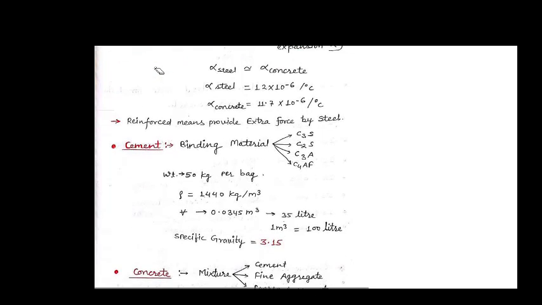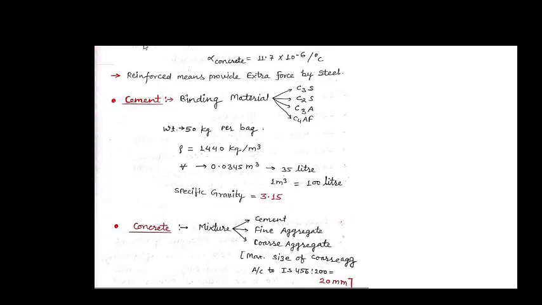Okay, so the basic ingredient, as the term defined RCC, is cement. It is binding material, and these are the four Bogue compounds which are formed while the reaction takes place: C3S, C2S, C3A and C4AF.